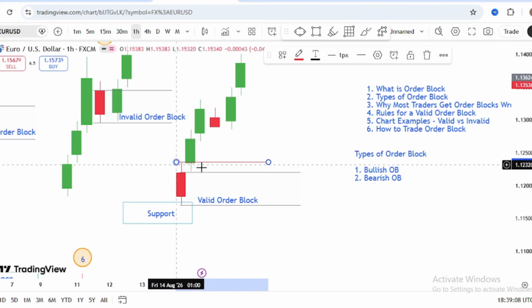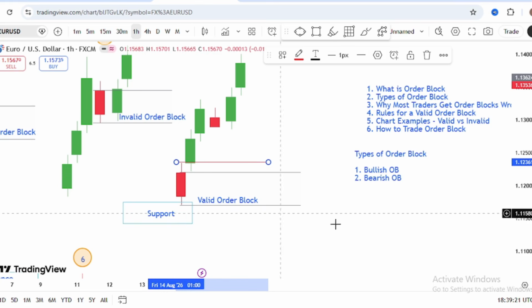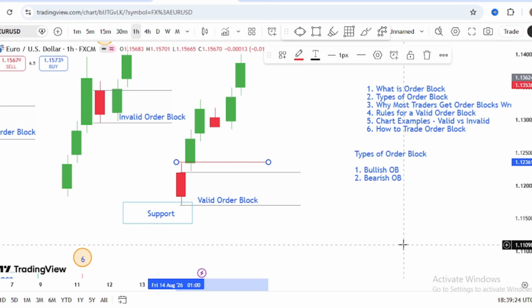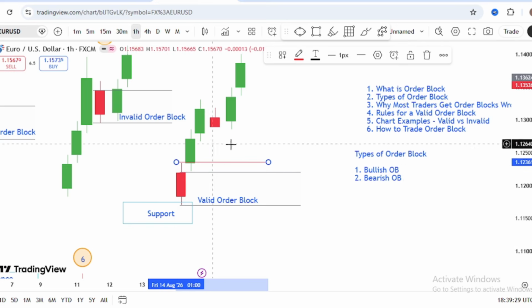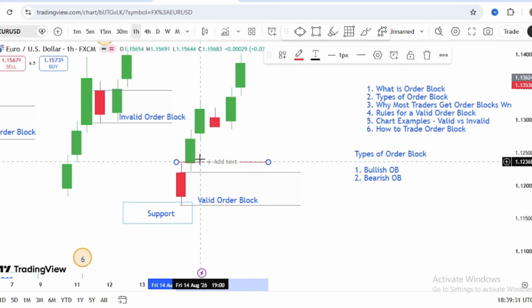So price must trade through the high before you can consider this down close candle a valid order block, and it must be at the support level as we stated in our rule. Once price trades above, or trades through, the high of the down close candle, there is validation. That's what I mean by validation.